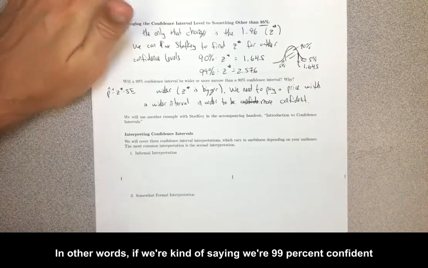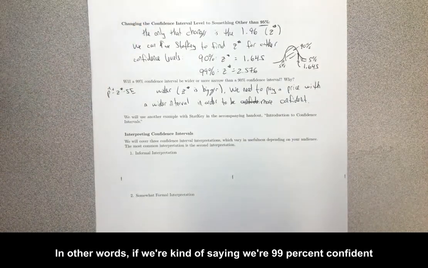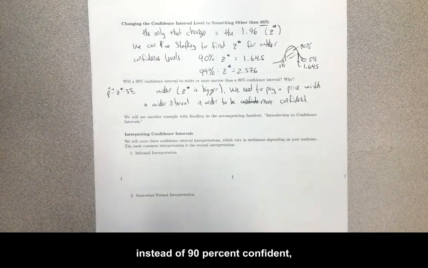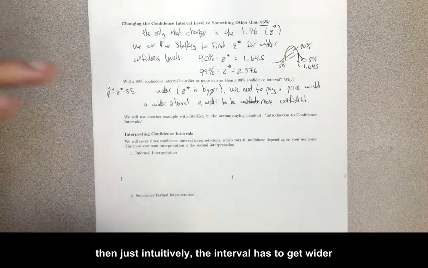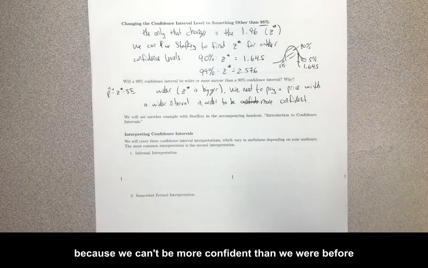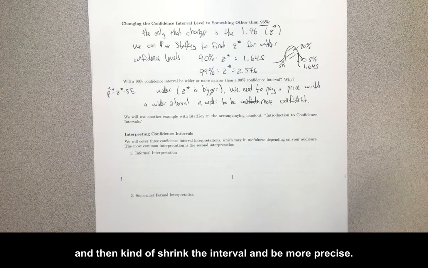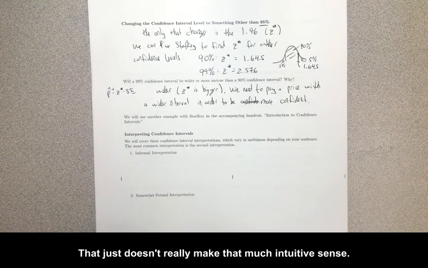In other words, if we're saying we're 99% confident instead of 90% confident, then intuitively the interval has to get wider, because we can't be more confident than we were before and then shrink the interval and be more precise. That just doesn't make much intuitive sense.